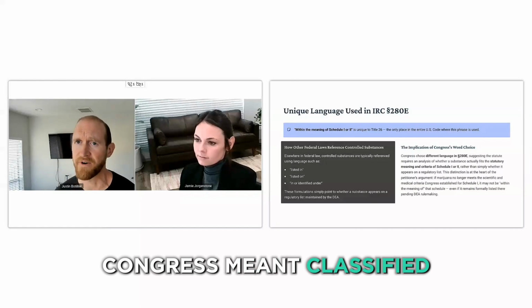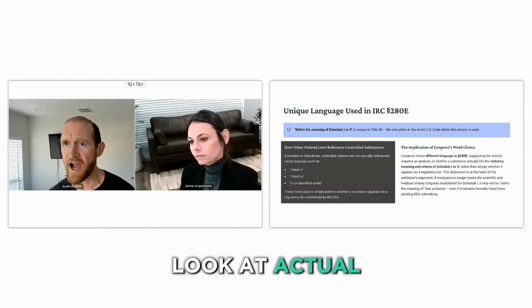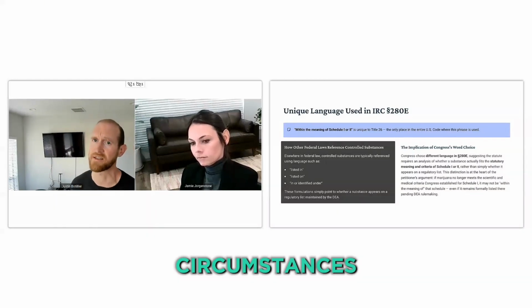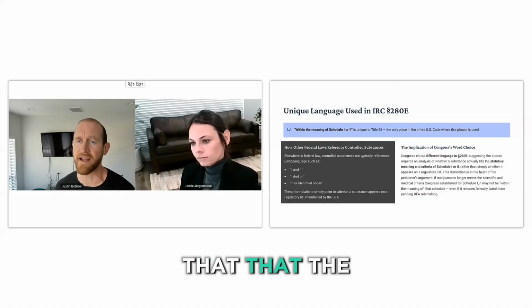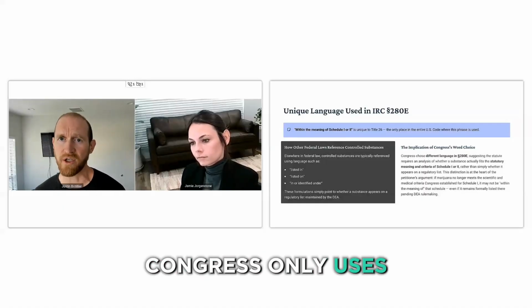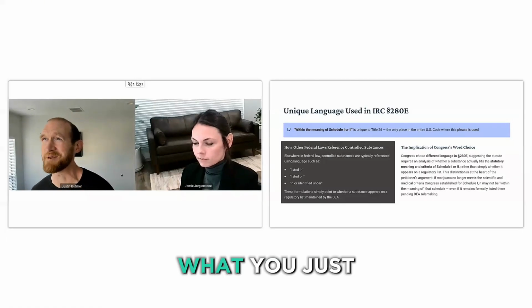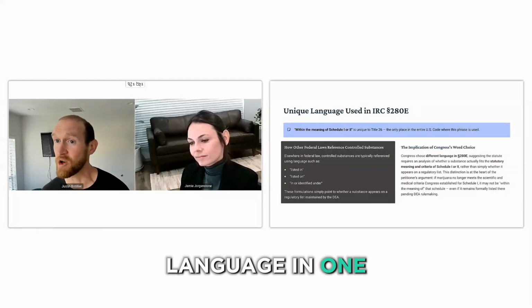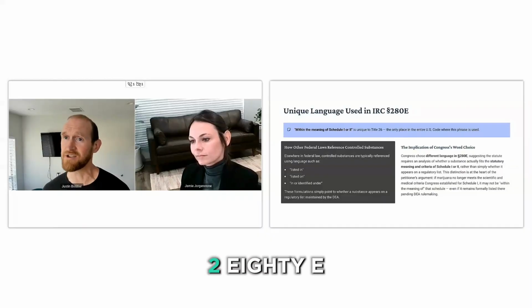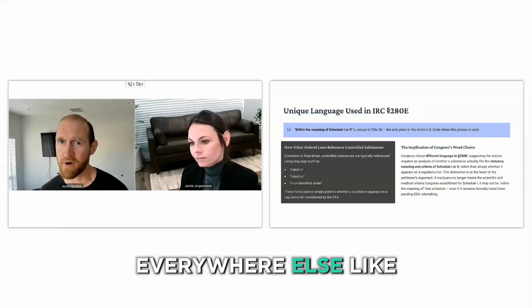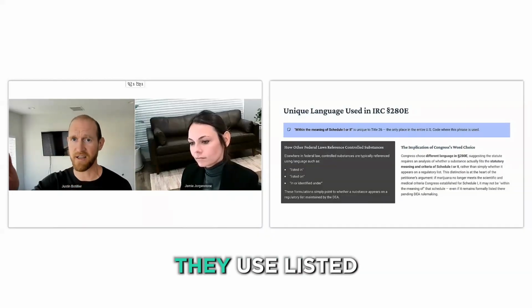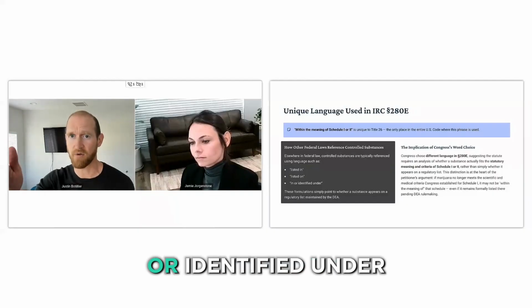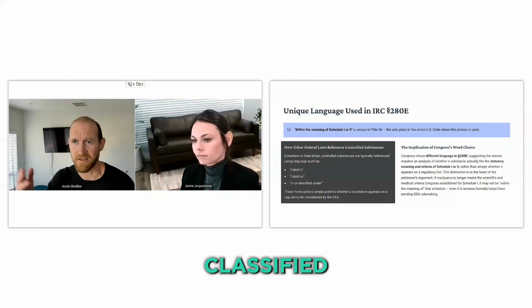But then you look at the actual facts and circumstances, and you see that Congress only uses this language in one place, and that is in 280E. Everywhere else, like Jamie said, they use listed on, listed in, or identified under.